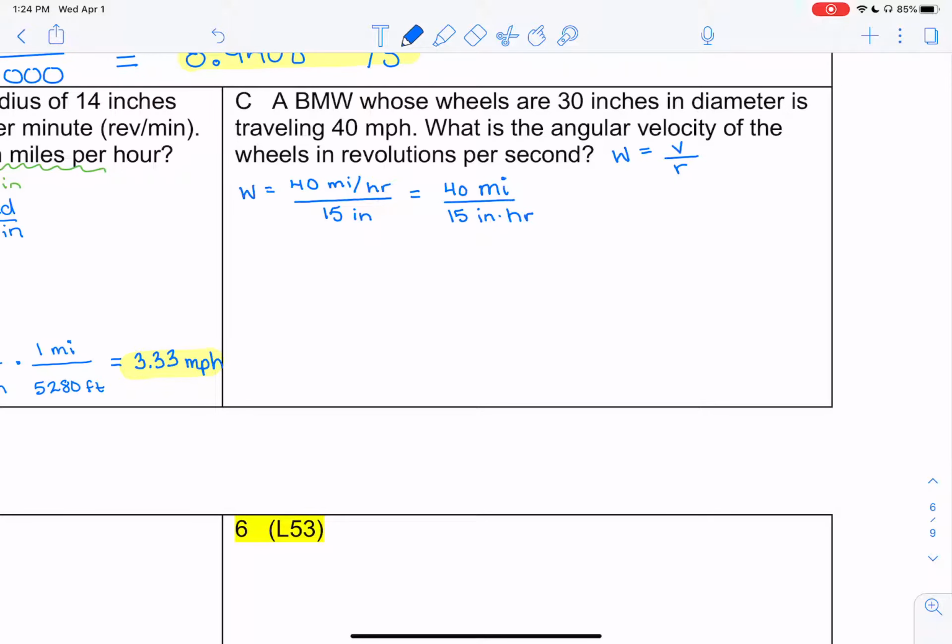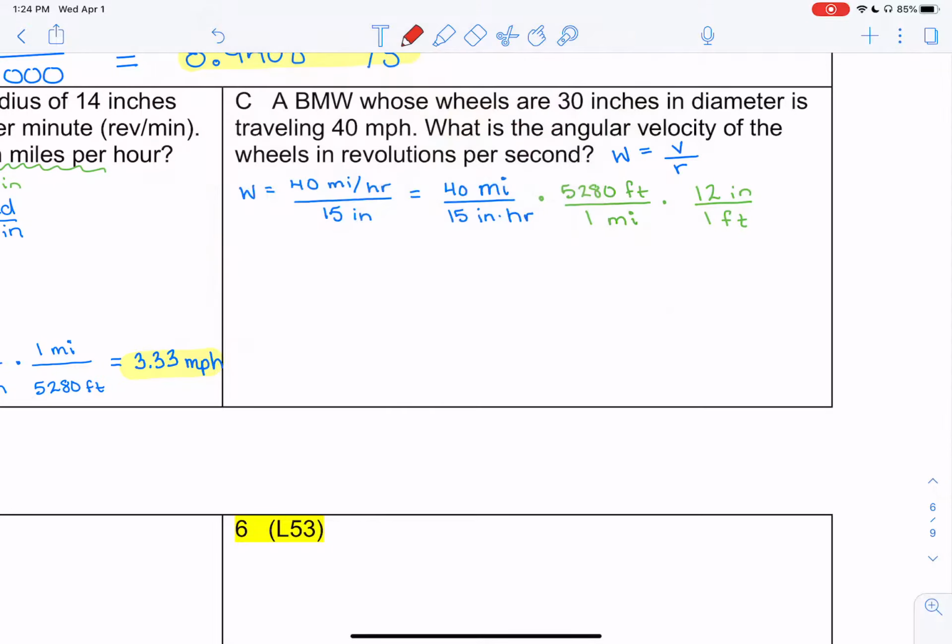And I would like to go ahead and get miles and inches on the same unit. So it's always better to convert down from the bigger unit. That means we're going to convert from the miles down to inches. So I first transfer to feet per mile, and then I would transfer to inches per feet.